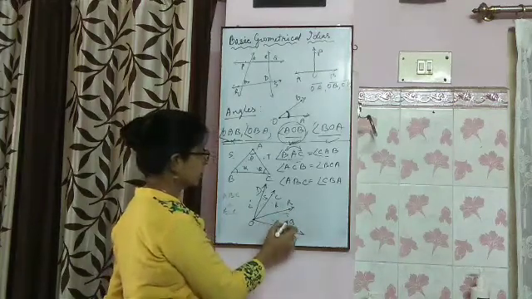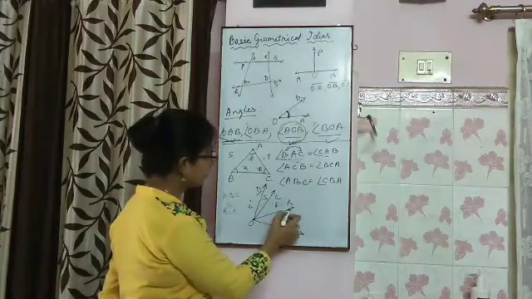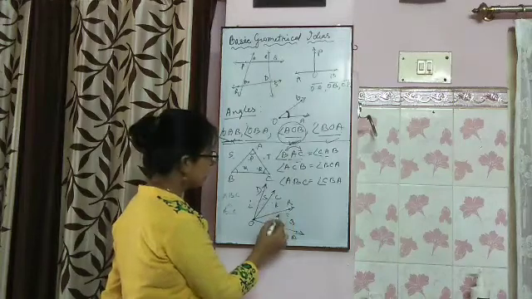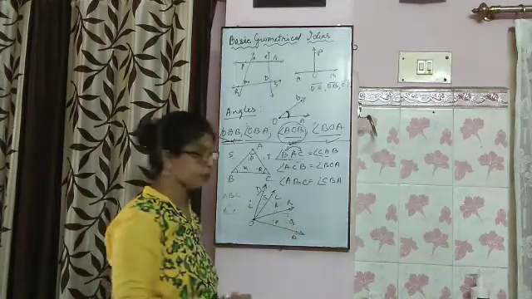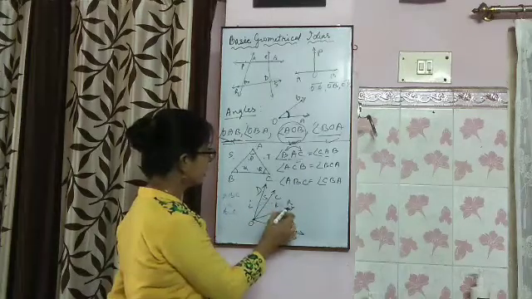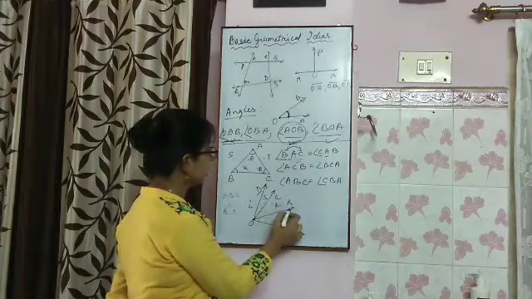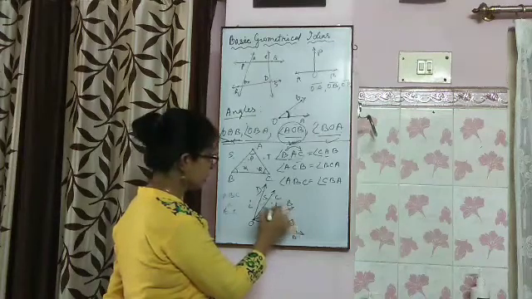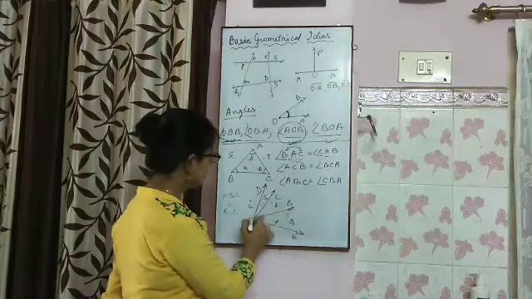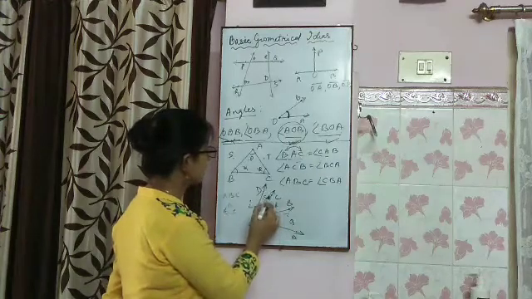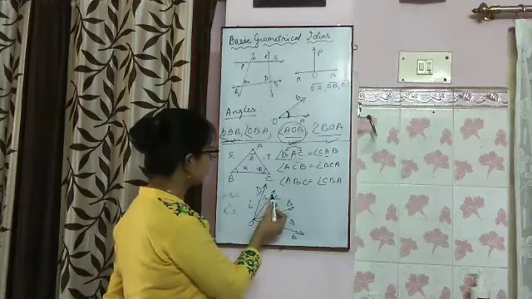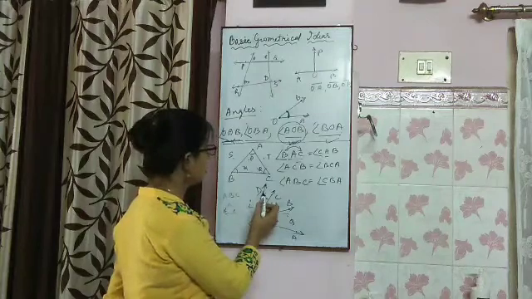So the P and Q points lie in the interior of the angle AOB. R lies in the interior of the angle BOC, and S is lying in the interior of angle COD.